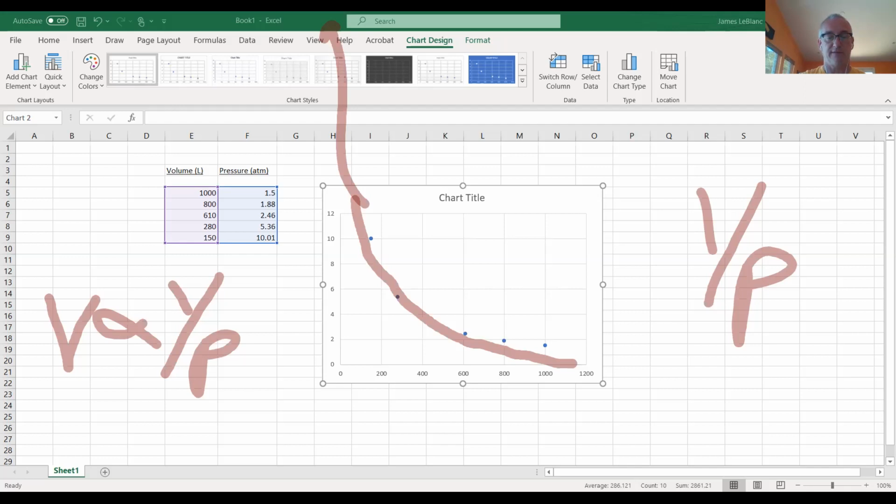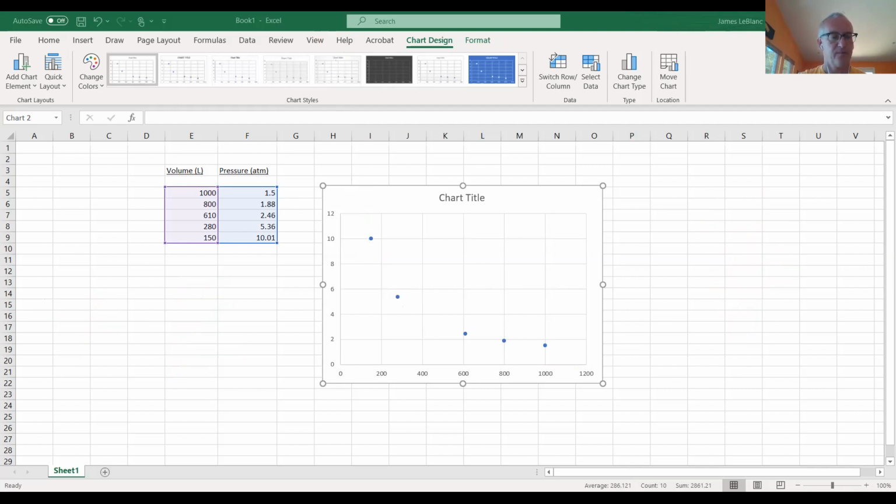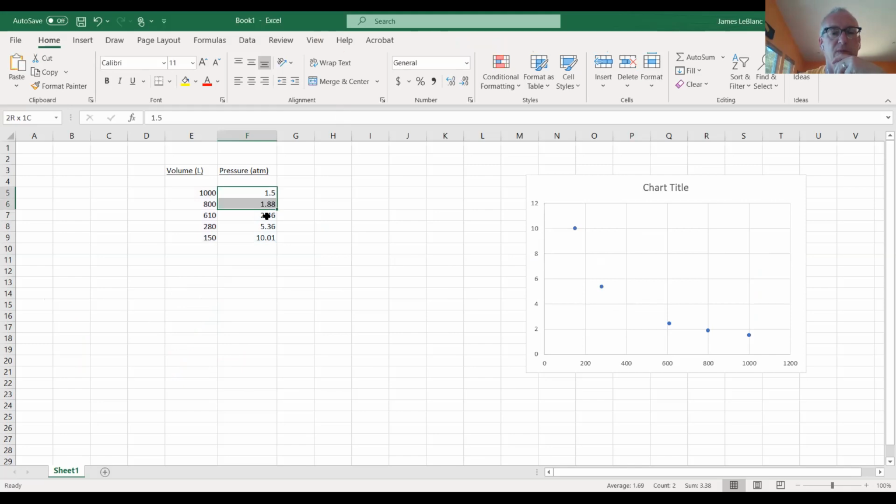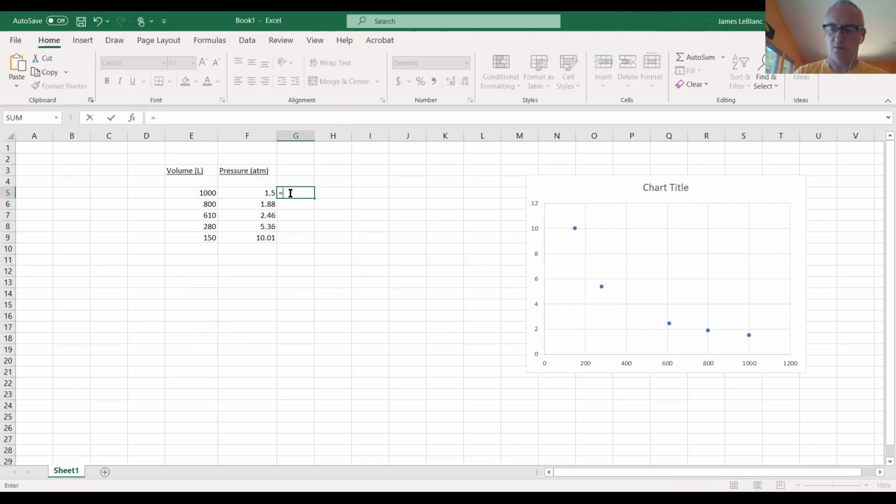Let's erase all this stuff. So what I'll do, sort of move this out of the way. Now I'll take my pressure. What I'll do is give it 1 over that. So I'll type equals 1 divided by, and then I put in the name of the spot.